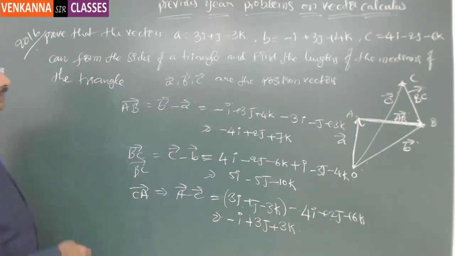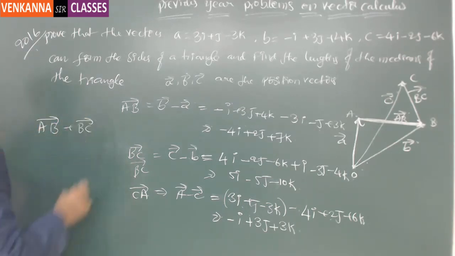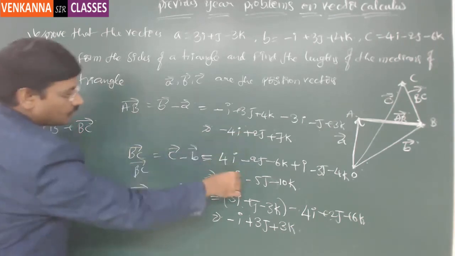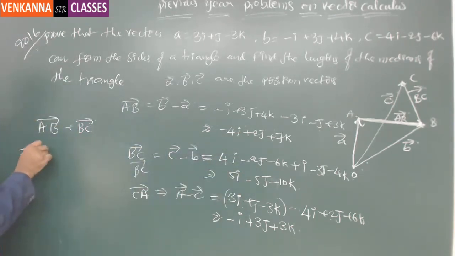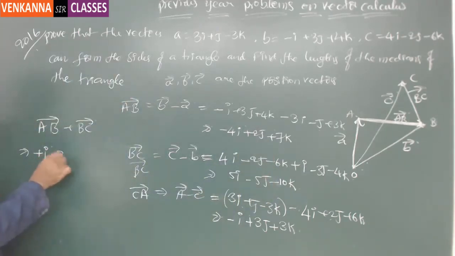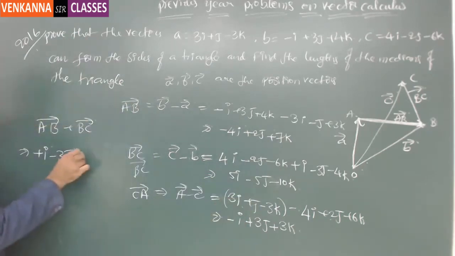Now if you add these two vectors, AB plus BC, the resultant we get is minus 4 plus 5, that is plus i, plus 2 minus 5, that is minus 3j, plus 7 minus 10, that is minus 3k.